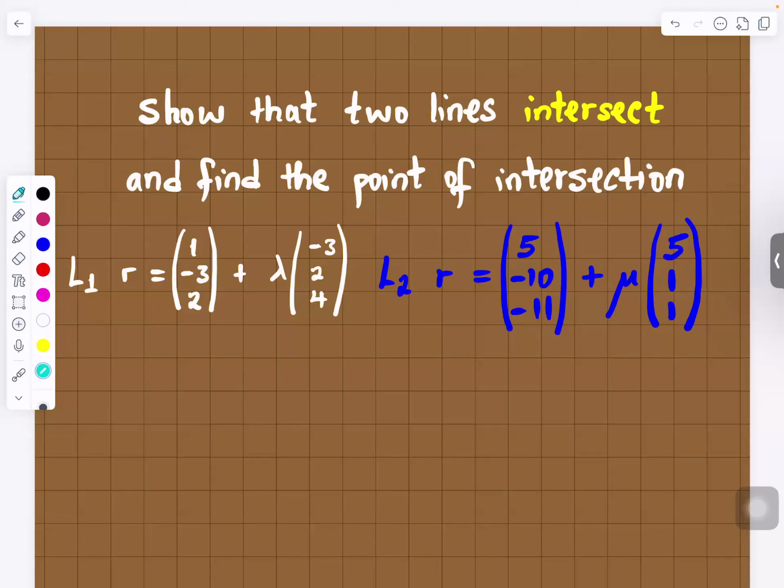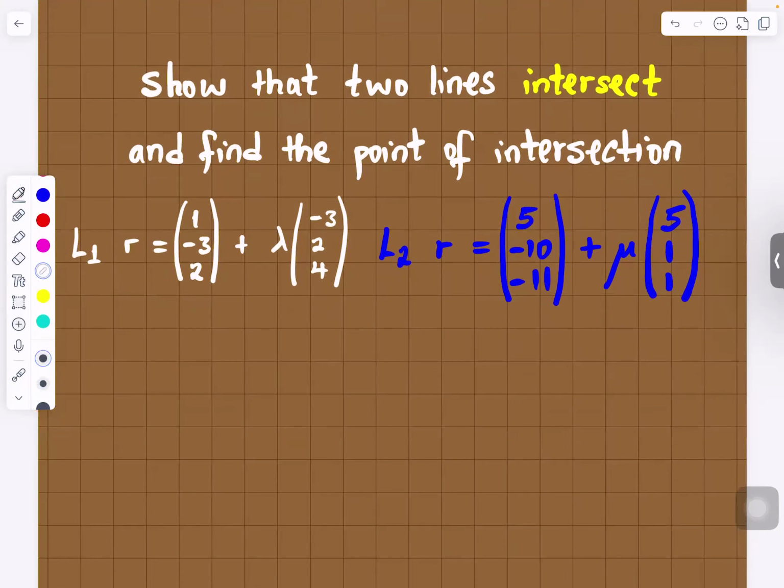Okay, so now the first thing we want to do is to write these two equations, because there are two lines, equal to each other.